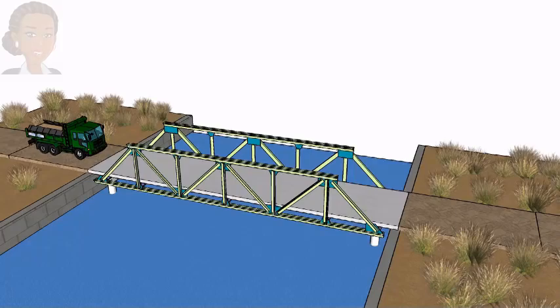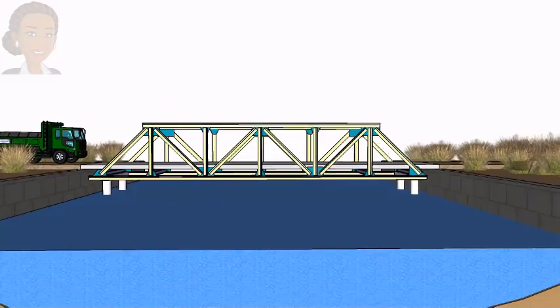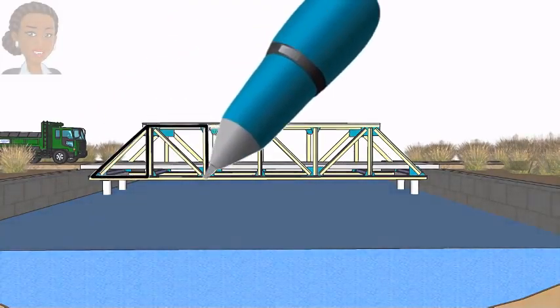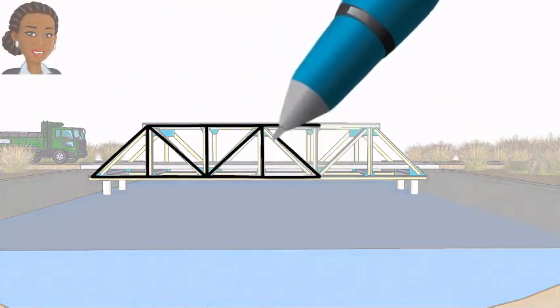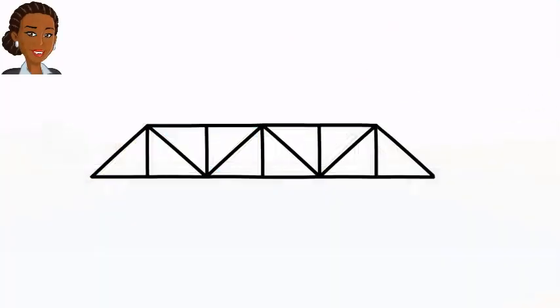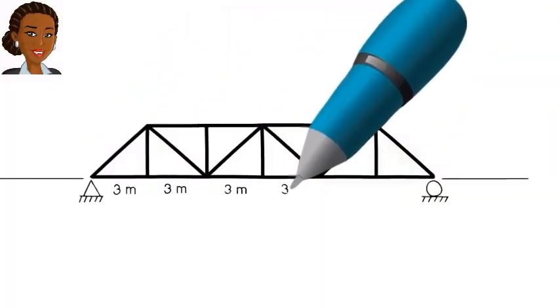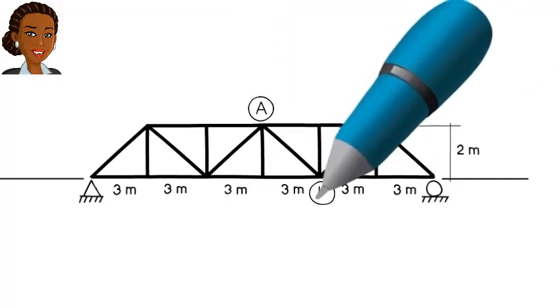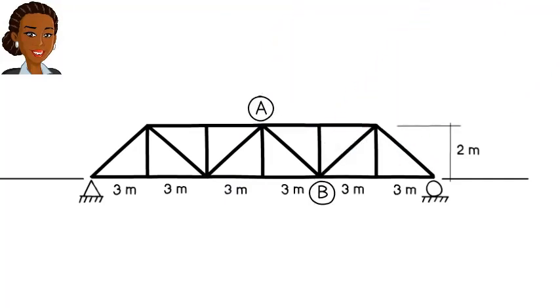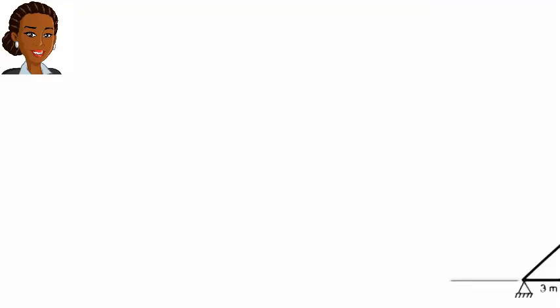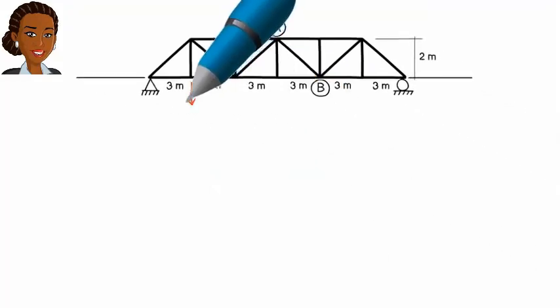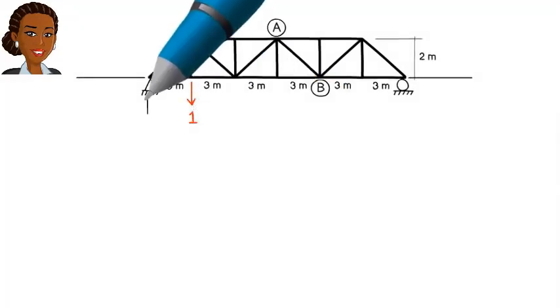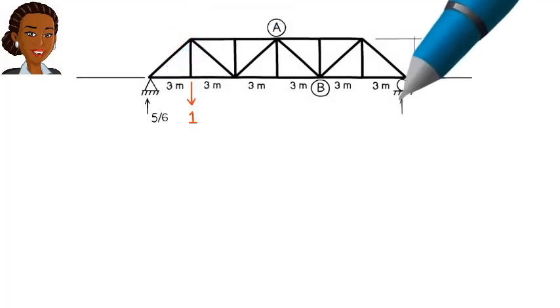Let's draw the influence line for one of the truss members. Say for member AB. To do so, we start by placing a unit load at this joint and calculate the support reactions.